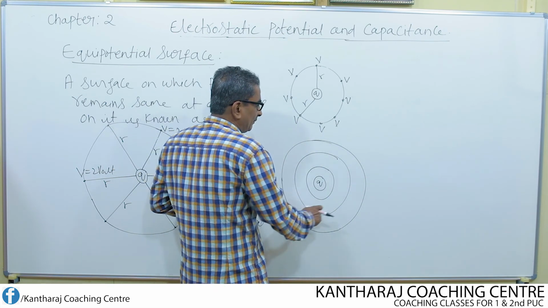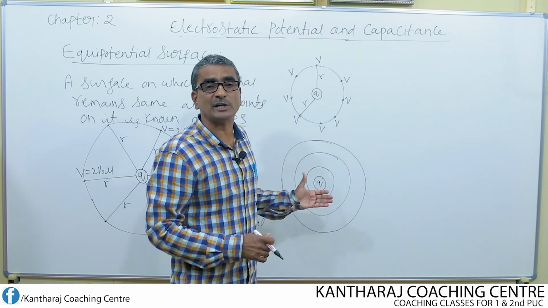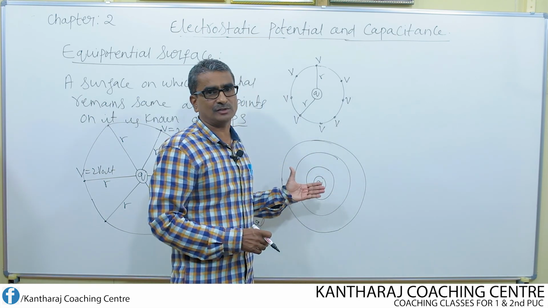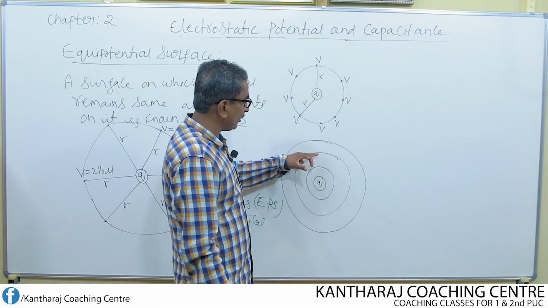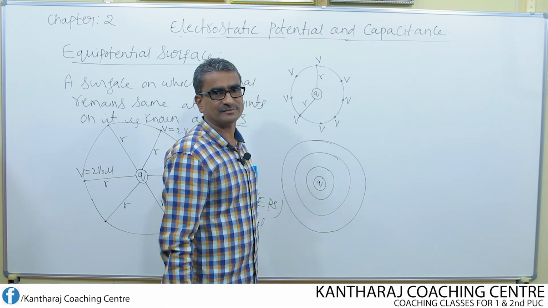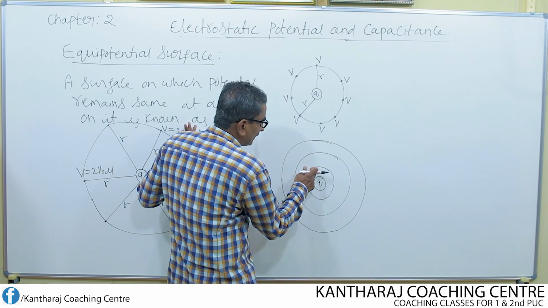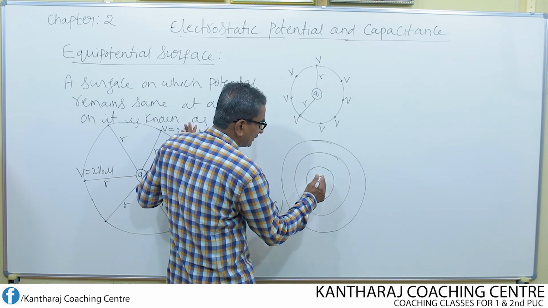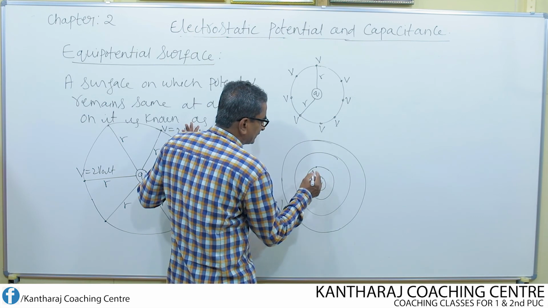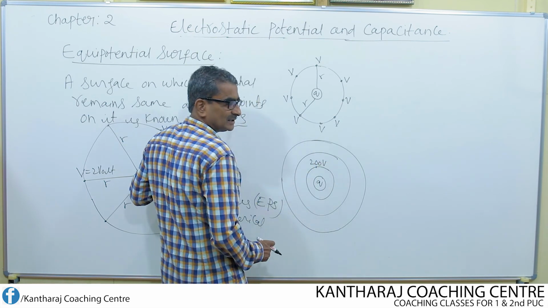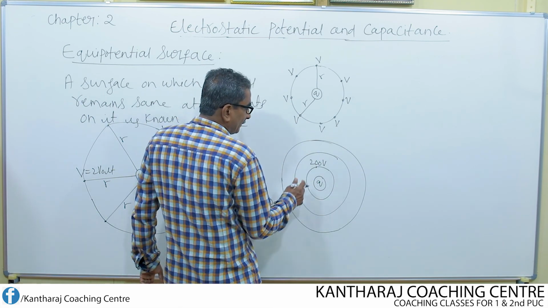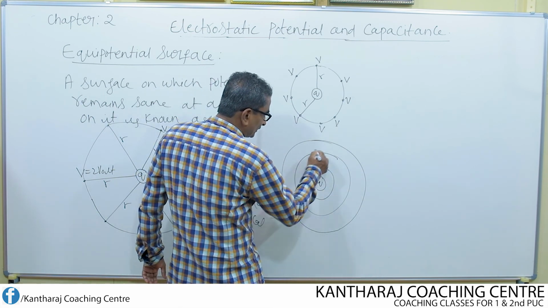You can draw any number of equipotential surfaces till the potential becomes equal to 0. Up to that point, we can represent the equipotential surfaces by drawing concentric circles like this. What's the potential at the first surface? For example, the potential at this surface may be 200 volt. What about the potential at any point on this surface?